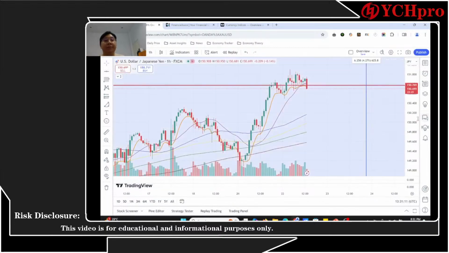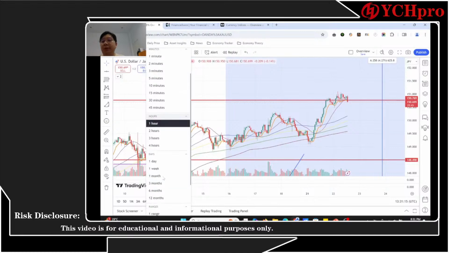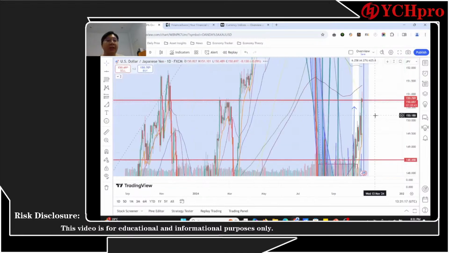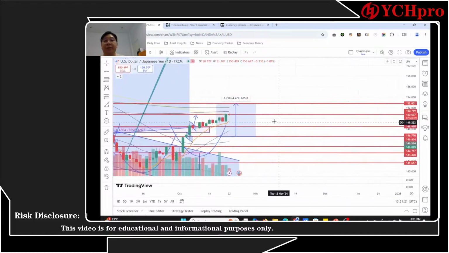Wow, suddenly US dollar started to drop lower. So let us open the daily time frame and see what interesting market movement there could be.